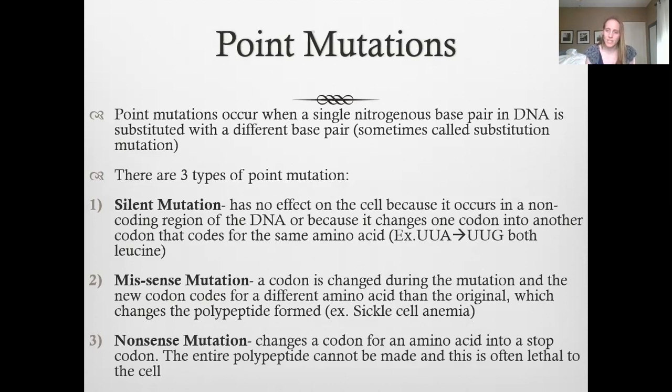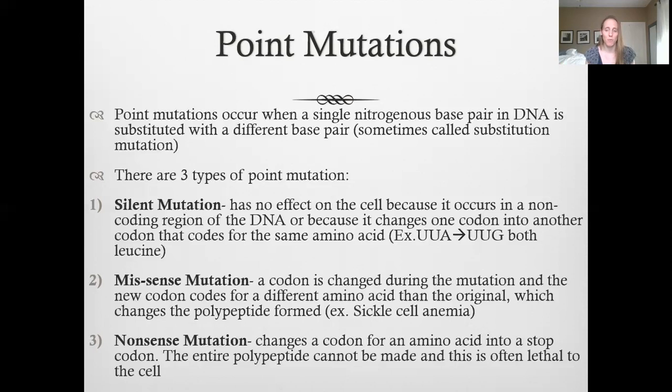And then a nonsense mutation is when the new codon is a stop codon. So you go from having a codon that codes for an amino acid and then the mutated codon codes for stop instead. Because of that, you end up not even making the entire polypeptide.